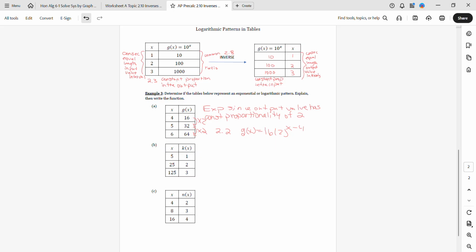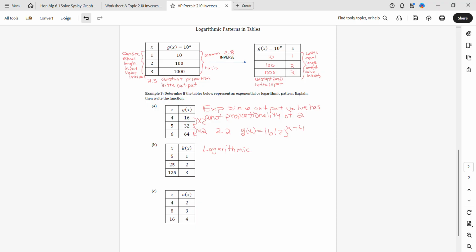Logarithmic. It is logarithmic. So basically, if it's constant proportionality on the right side, it's logarithmic. Yes. And that's the thing that does separate these from linear and quadratics, right? Linear and quadratics, it's based off of addition or subtraction.